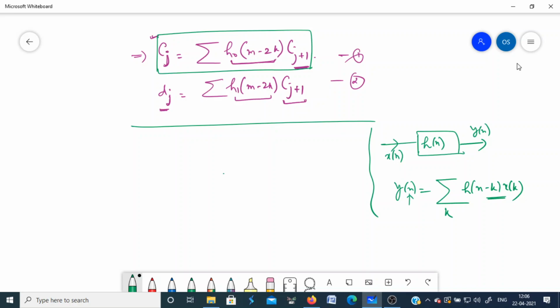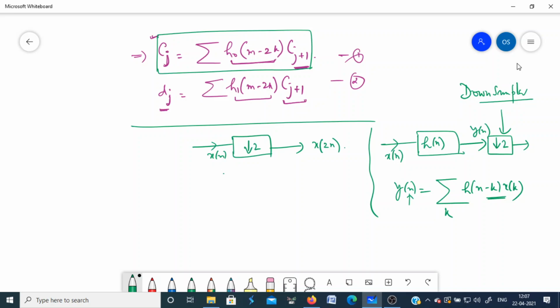Okay, and after this, if you downsample this sequence by a factor of 2, if you pass this through a downsampler, this is a downsampler. Downsampler means that if you pass a sequence x[n] through a downsampler, it will generate a sequence x of 2n at the output.